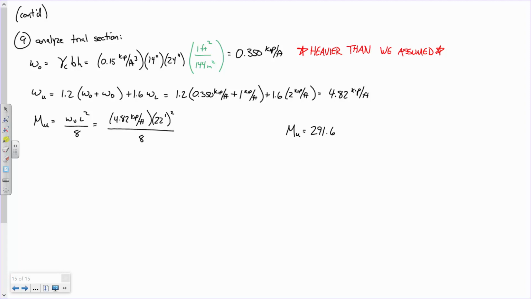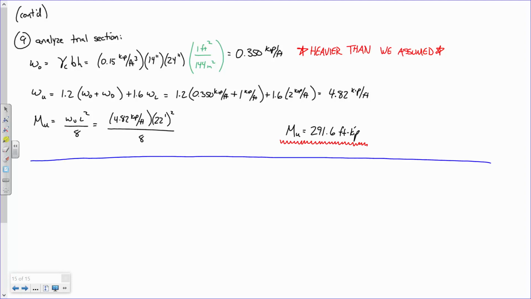So 291.6, we'll say, foot kips. So far, so good? Okay, now that's the loads. Let's look at the resistance.